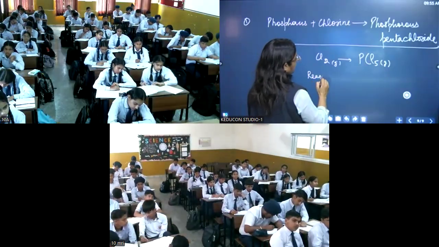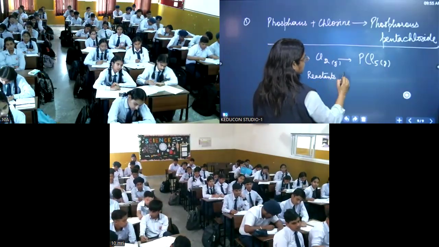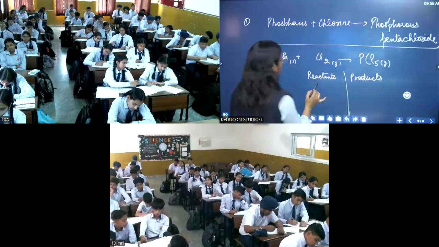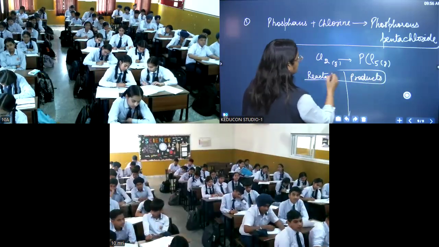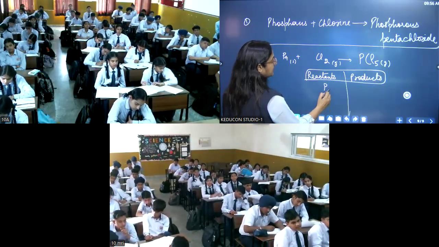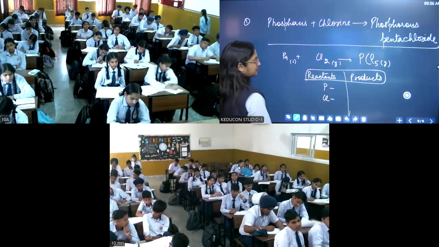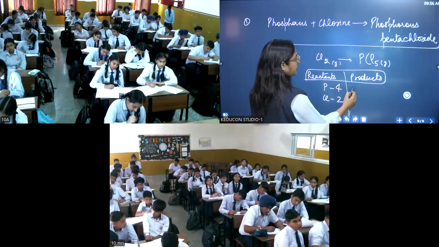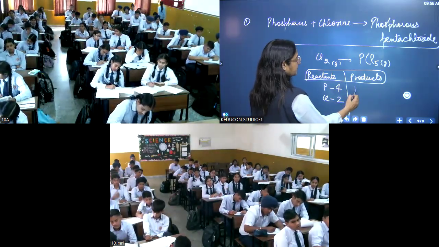Now I'll write what reactants and products I have here. So what reactants do I have in this equation? P and Cl. How many P, how many Cl? 4. And how many Cl? 2. And here? 1. 5.